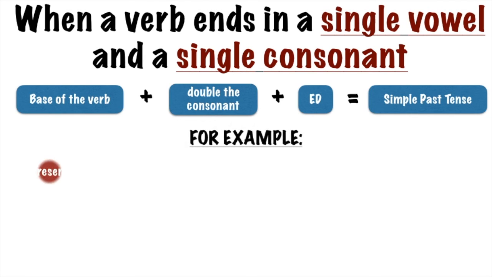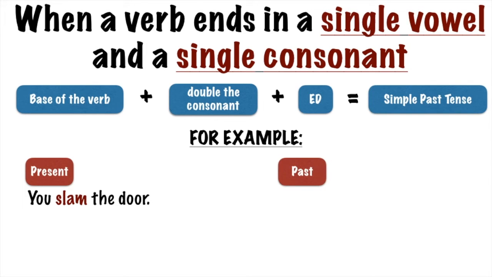For example, in the present tense, we say, you slam the door. And in the past tense, we say, you slammed the door. Notice that in the present tense, slam only has one M, but in the past tense, slammed has two M's.